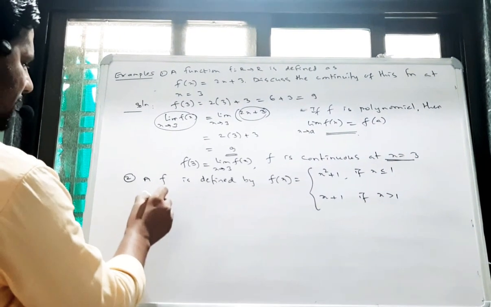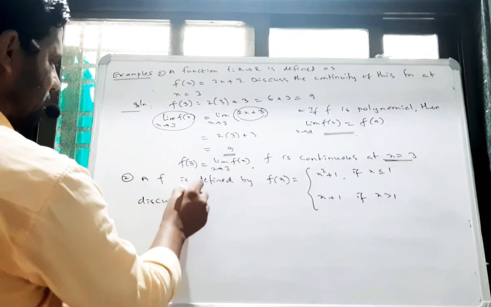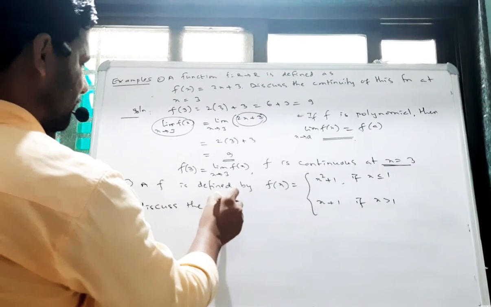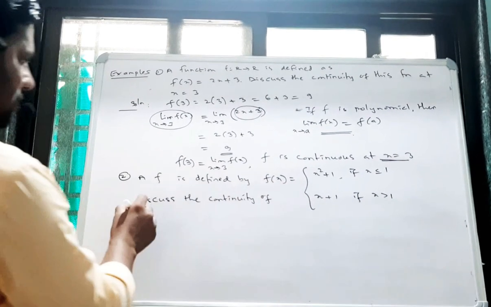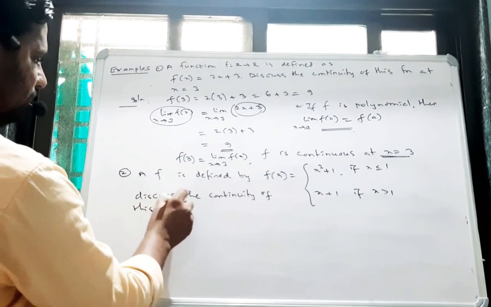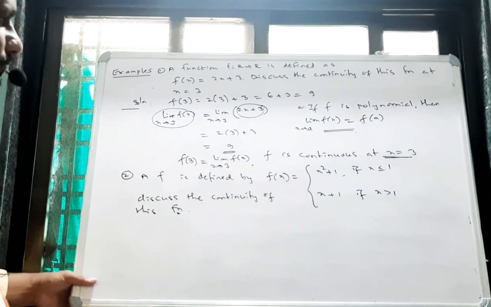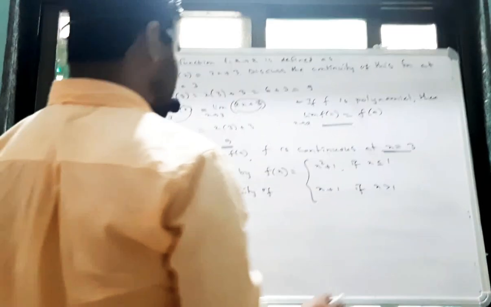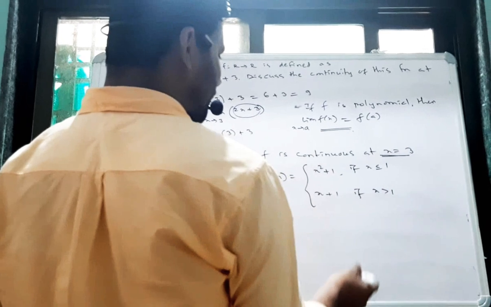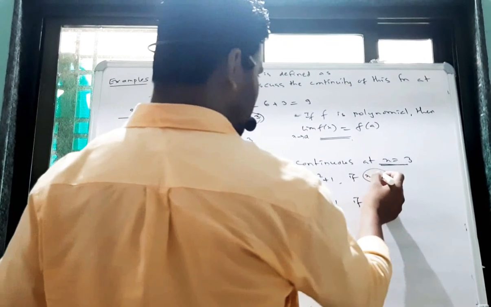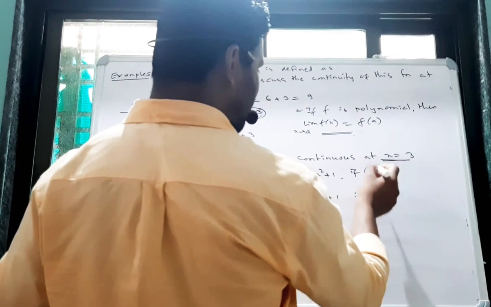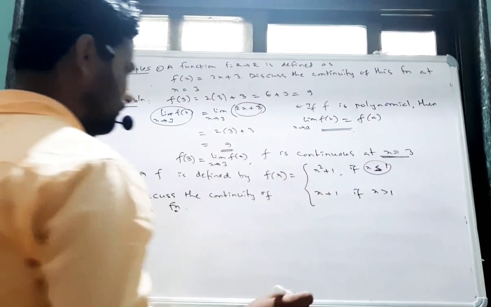Discuss the continuity of this function. So now we have to discuss the continuity of the function at the point x equal to 1. Here x equal to 1 is given, so we check the continuity of the function at x equal to 1.